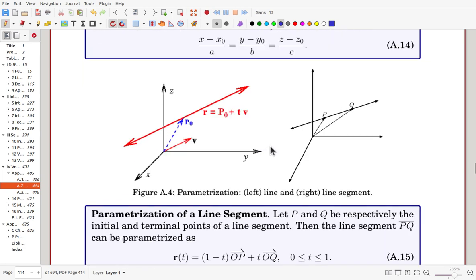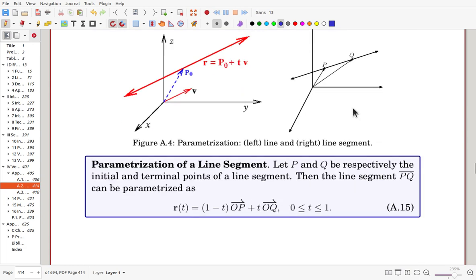Once we are dealing with part of a line, from P to Q, then that is a line segment. The equation for the line segment can be defined in this way. R of t is (1 minus t) OP, the vector here, plus t OQ.